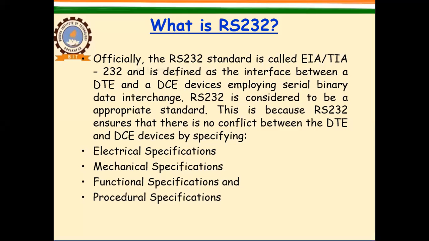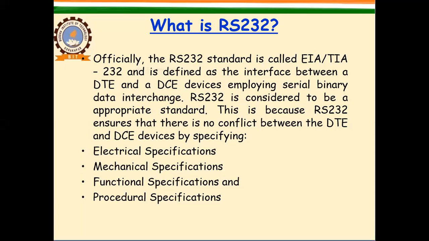So, what is RS232? Officially, the RS232 standard is called TIA-232, and it is defined as the interface between DTE and DCE devices, meaning data transmission and data reception devices.